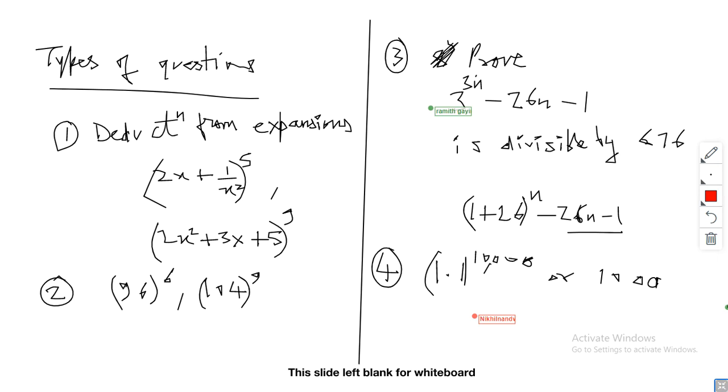So of course the first number is bigger. These are the fourth type, and the fifth type of question we have done is the 11th term from the end, that we just did now.